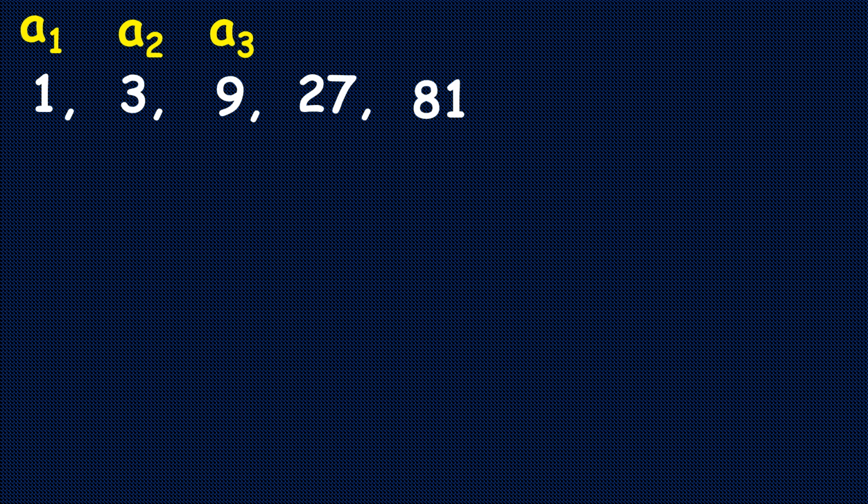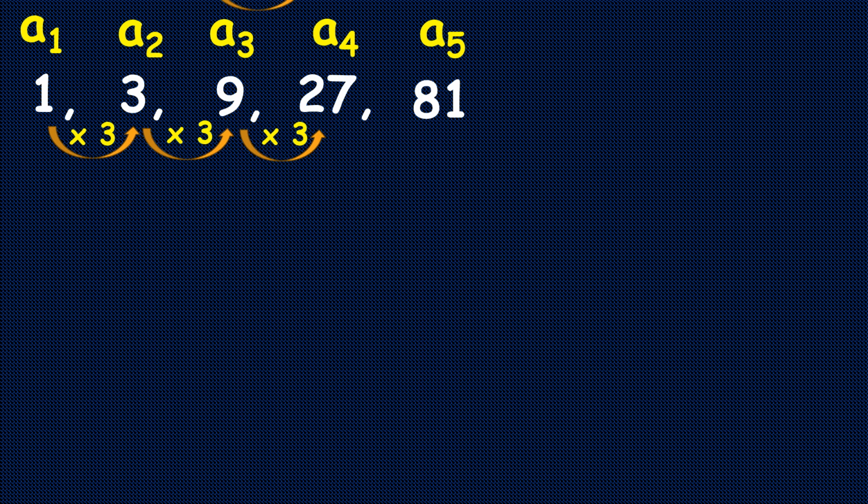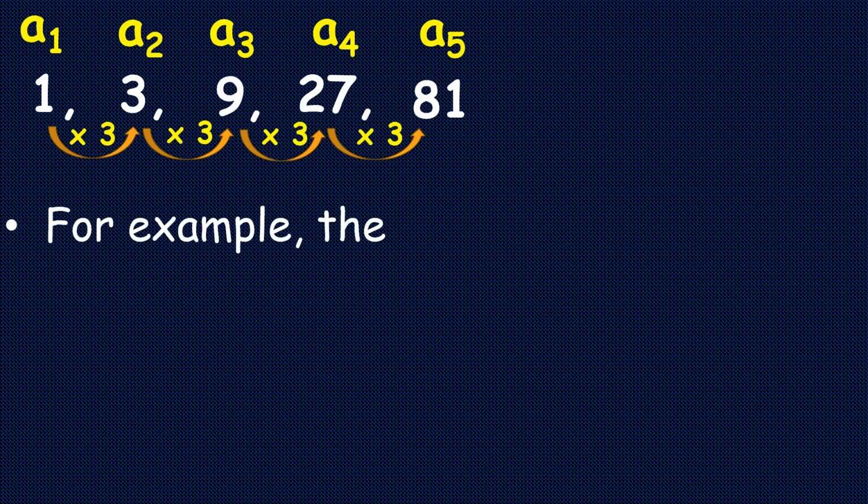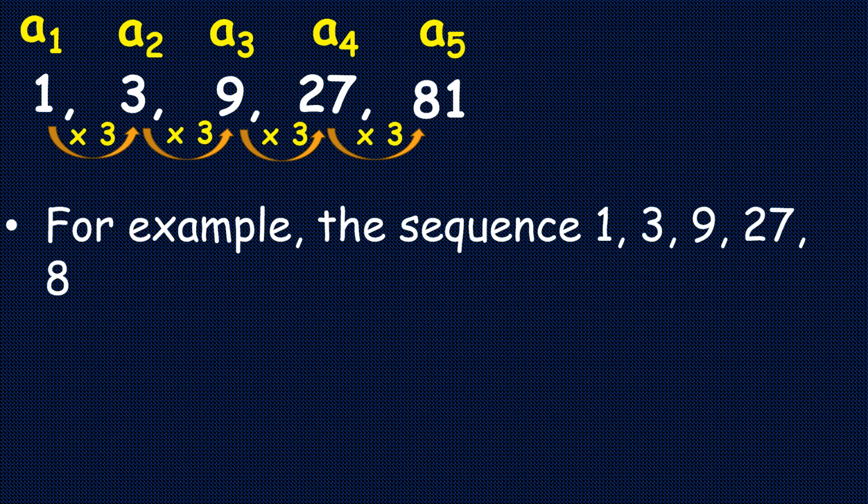So we look at the geometric progression: 1, 3, 9, 27, and 81. They all have a common ratio of 3, with the first term being 1 and the last term being 81. And that last term is the fifth term.